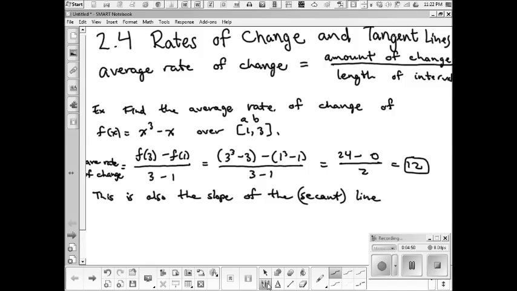Touches, it literally means touches more than one, or cuts the curve. But it's passing through the 2 points. It passes through one comma f of 1 and 3 comma f of 3.